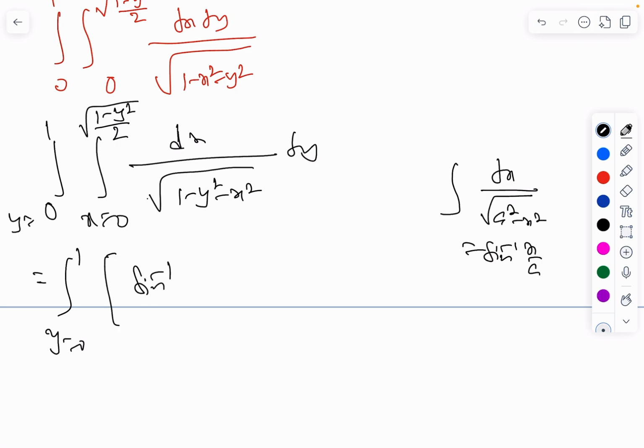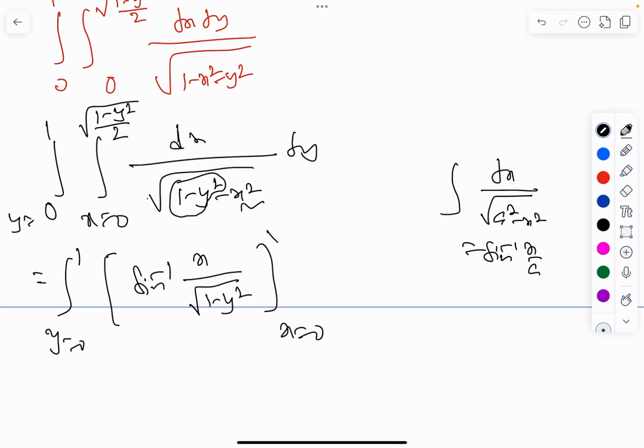Now sine inverse x, what is a here? So a square is 1 minus y square. So a is root 1 minus y square. And x is equal to 0 to root 1 minus y square by 2, dy.